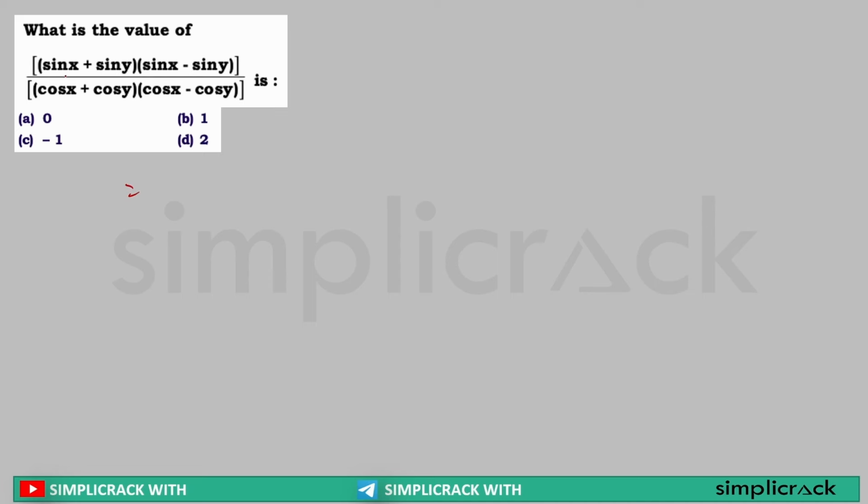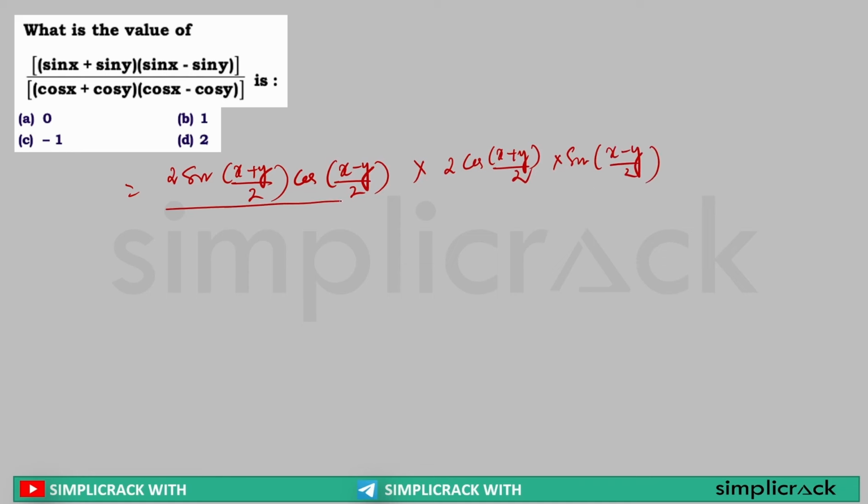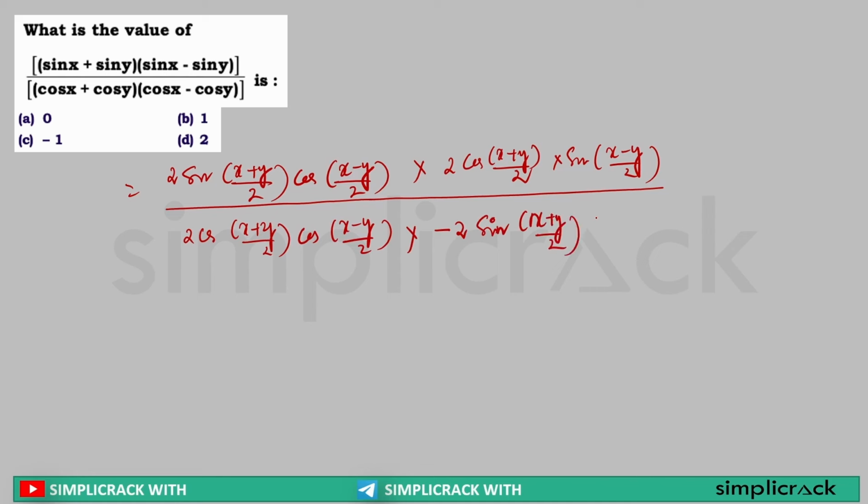Sir, simply write sin A plus sin B as 2 sin (A plus B)/2 into cos (A minus B)/2, multiplied by sin A minus sin B as 2 cos (A plus B)/2 into sin (A minus B)/2, divided by cos A plus cos B, 2 into cos (A plus B)/2 into cos (A minus B)/2, multiplied by cos A minus cos B, minus 2 into sin (A plus B)/2 into sin (A minus B)/2. Yes or no?